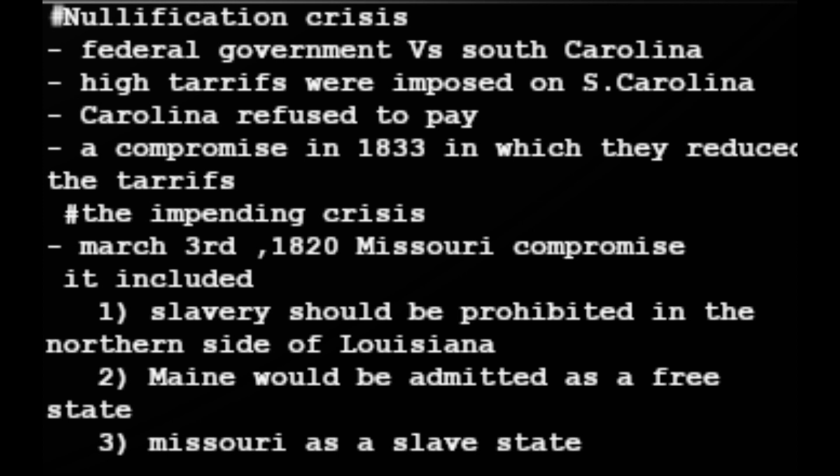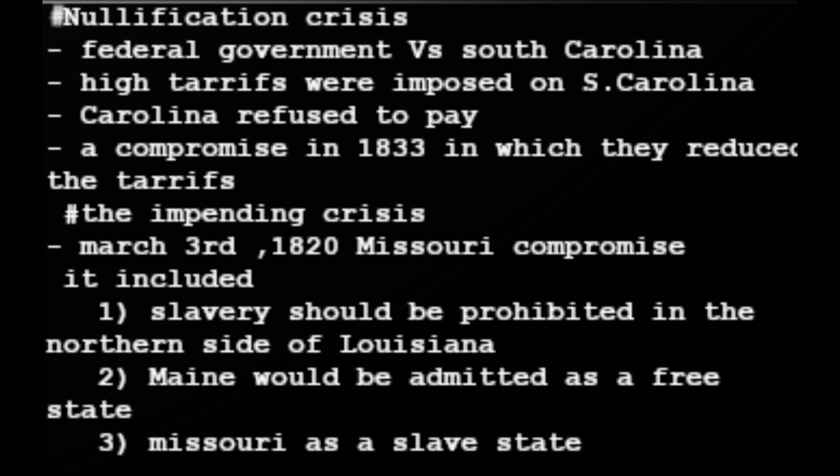One of them, in 1833, dealt with the problem between South Carolina and the federal government over the tariffs. In this compromise they reduced the tariff, so South Carolina was able to pay, and war was avoided.